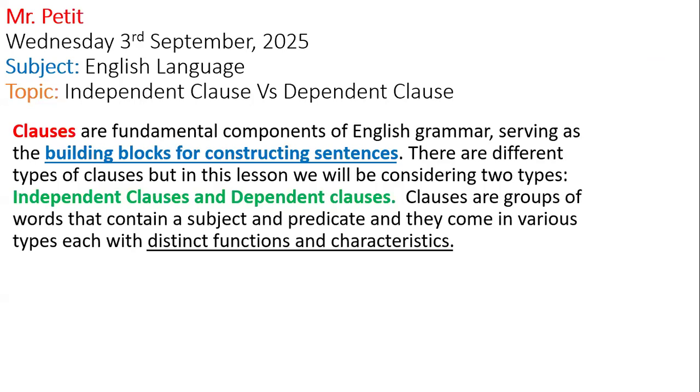There are different types of clauses, but in this lesson, we will be considering two types: independent clauses and dependent clauses. Clauses are groups of words that contain a subject and predicate, and they come in various types, each with distinct functions and characteristics.